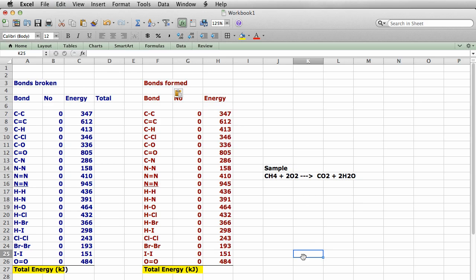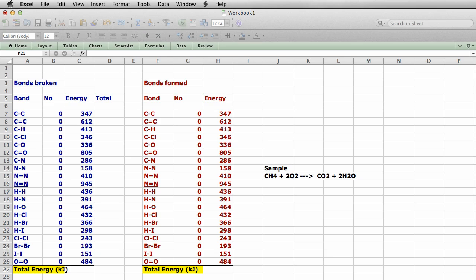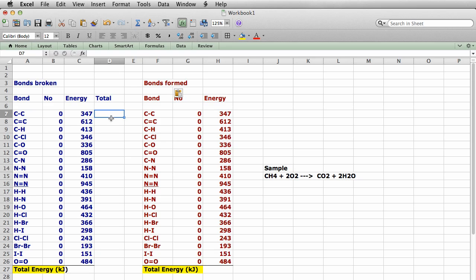Okay, so now as we're building this spreadsheet, we need to figure out what kind of values we should have. What we really need to figure out is the total energy for the bonds that are going to be broken, which is going to be equal to, and I'm going to type in an equal sign, the energy per carbon-carbon bond, in this case 347, so I'm simply going to click on that cell, and that's going to insert C7, meaning whatever the value of C7 is, take that.